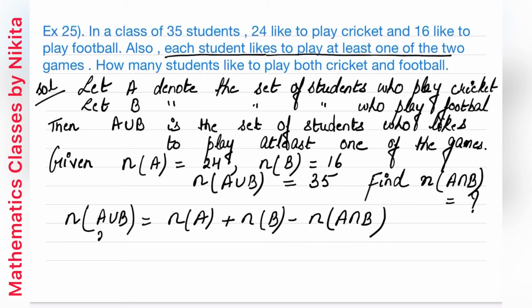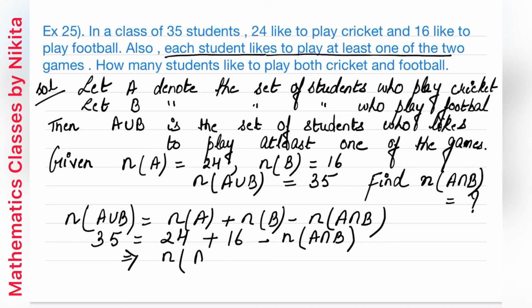So we have 35 is equal to, and this you have to find. So from here you get, which is equal to 5. So hence 5 students like to play both games.